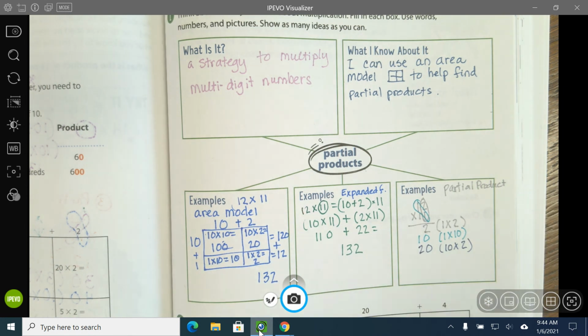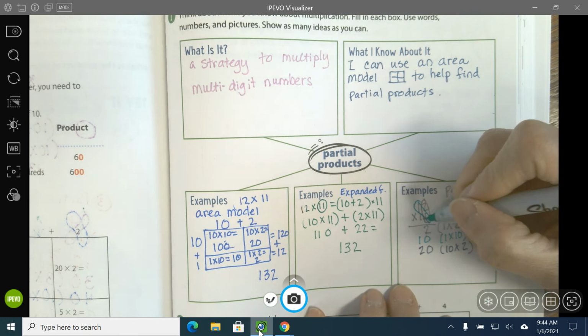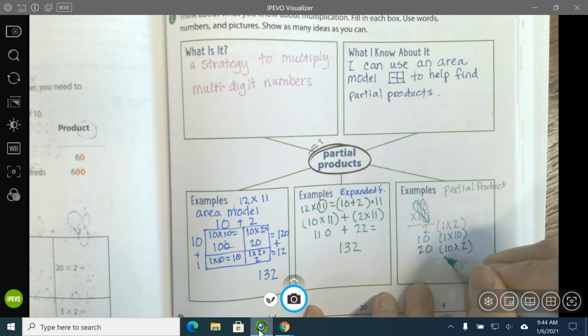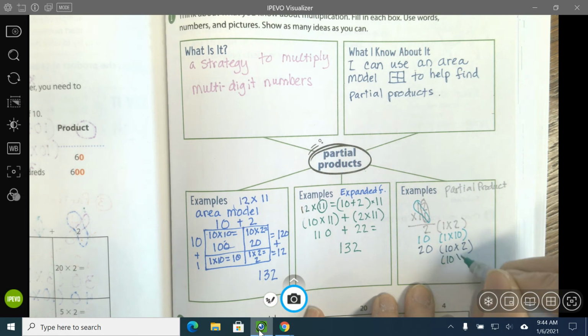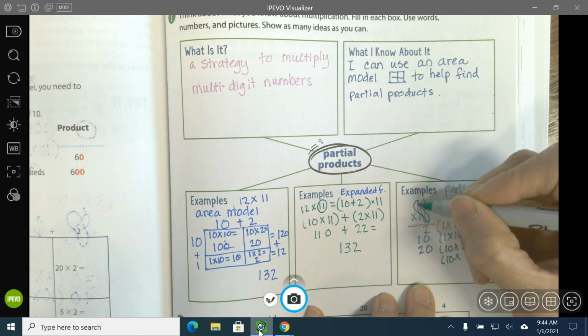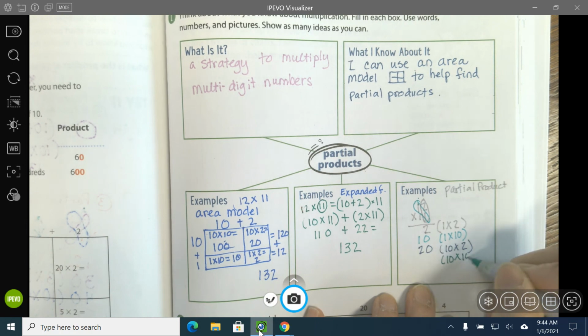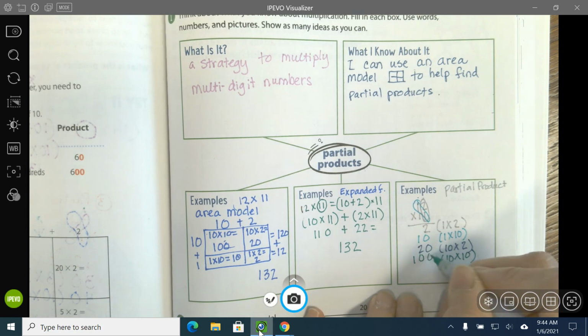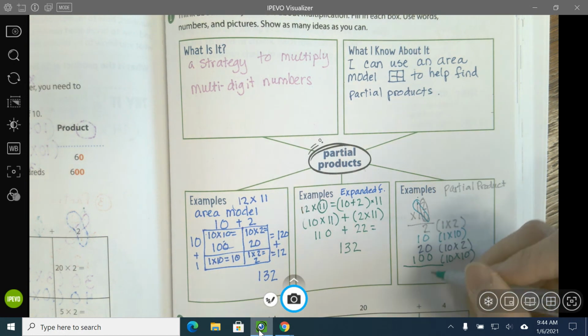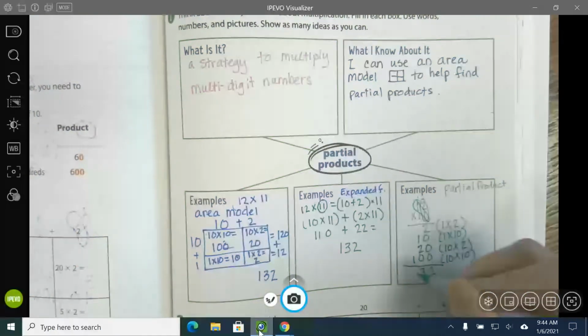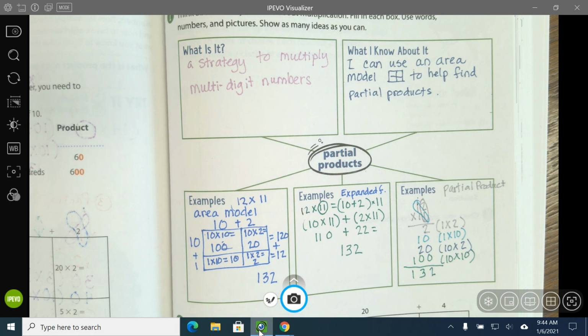And the last number I have on here is going to be 10 times, this is going to be 10 as well, because this is in the tens place. So that gives me 100. If you add up all those numbers, you have 132. All right. So this demonstrates how you can use different methods to come to the same conclusion.